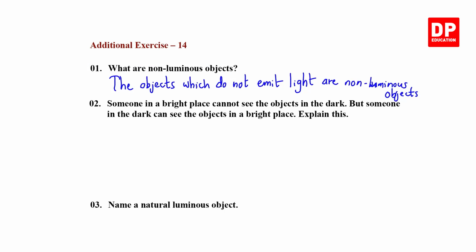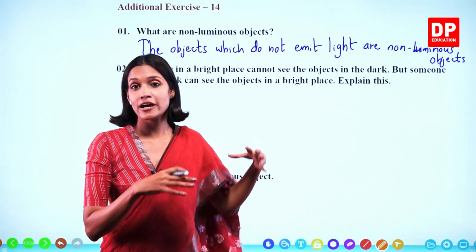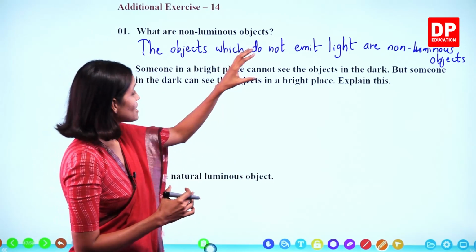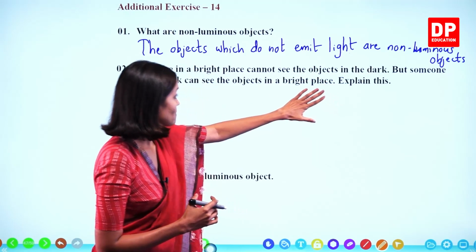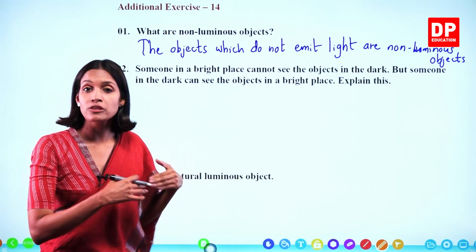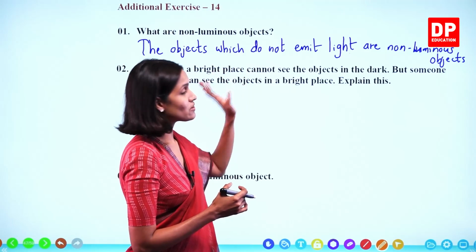Here in this instance, even though the person is in the dark, the objects are in a bright place so that the objects will get enough light. So those light rays will fall onto the objects and these light rays will get reflected and reach the person's eye even though the person is in the dark, right? So that is the reason behind this.